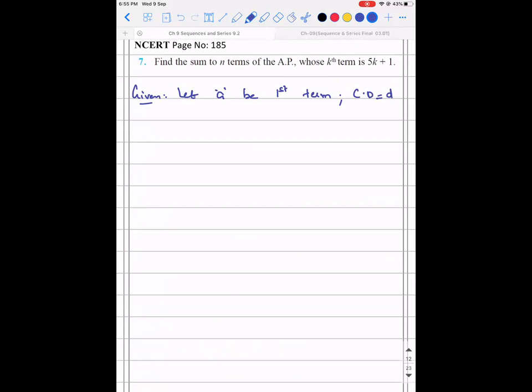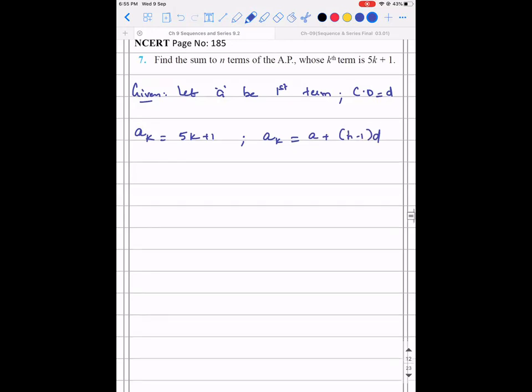So find the sum of n terms of the AP whose kth term ak is equal to 5k plus 1. If ak is 5k plus 1, see, how do we write the nth term? a plus n minus 1 into d, correct? Sorry, it is k minus 1 into d.